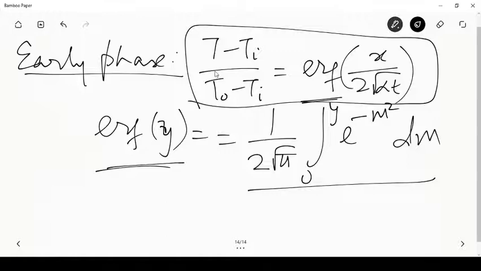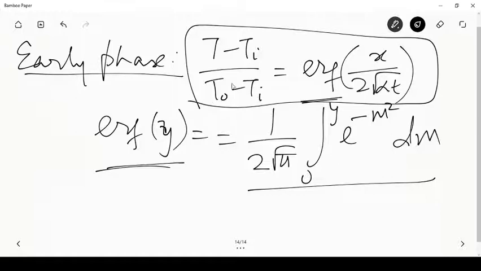the error function of x by 2 root alpha t. So if I know the time, and if I would like to find out the temperature at location x, I use this x and t to evaluate this x by 2 root alpha t, and go to the error function table and find its error function, and that will give me (t minus ti) by (t naught minus ti).